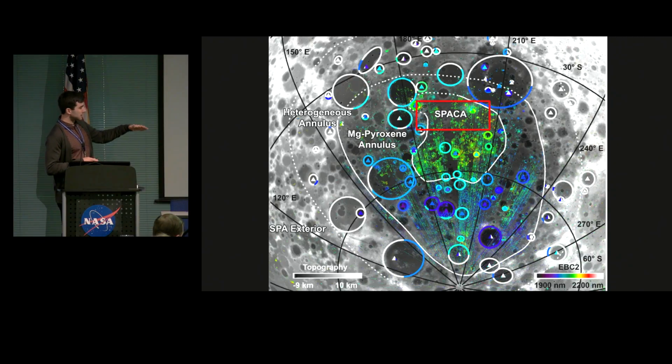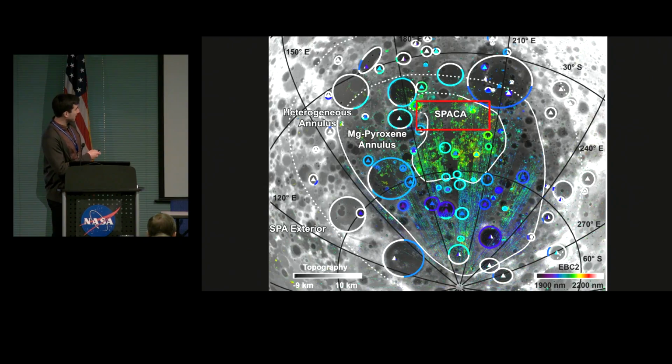Based on some of these crater scalings, this material extends to depths of 40 to 50 kilometers or greater beneath the surface of SPA. So it's pretty clear that these magnesium pyroxene-bearing noritic materials were the primary materials excavated and melted by the SPA forming impact.